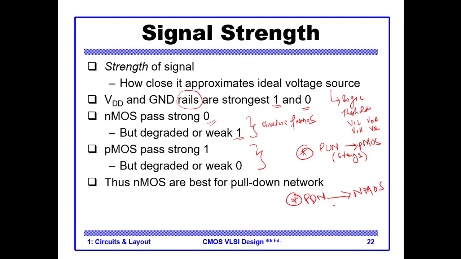What is the reason? The reason is it passes a strong 0. This is important, and it tells us why the pull-up network is PMOS and the pull-down network is NMOS.